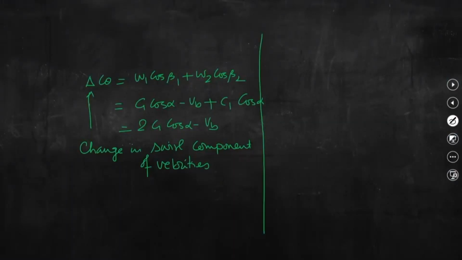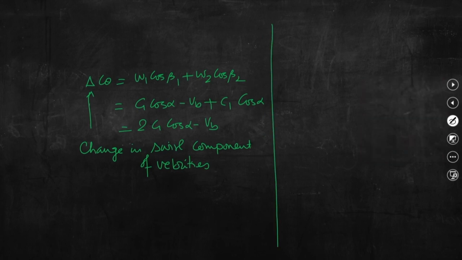Now, you know that we can calculate what would be the tangential thrust. So, if we write tangential thrust, it would be equal to delta C theta into mass flow rate of steam, right.